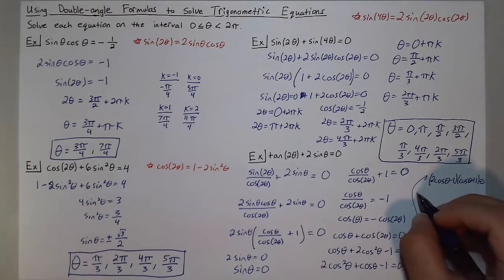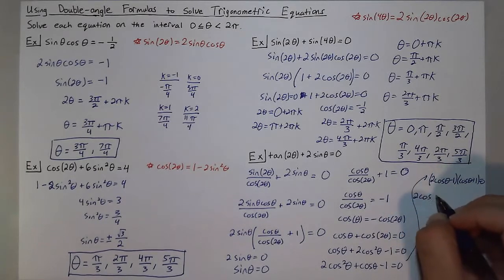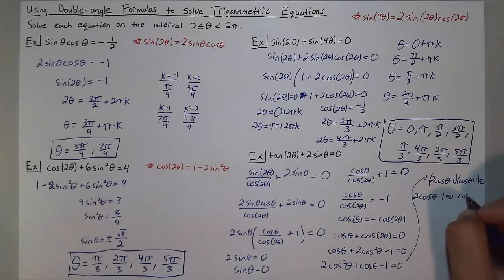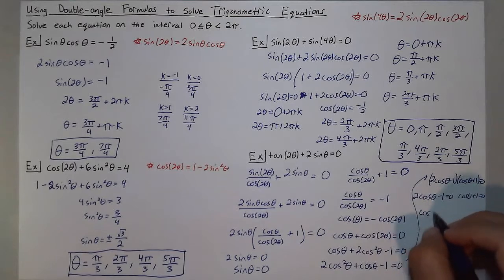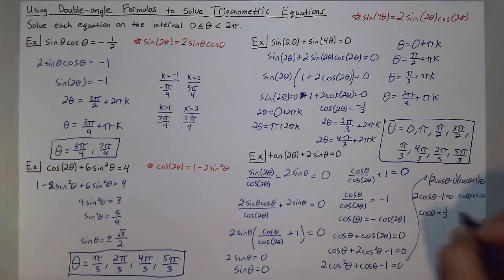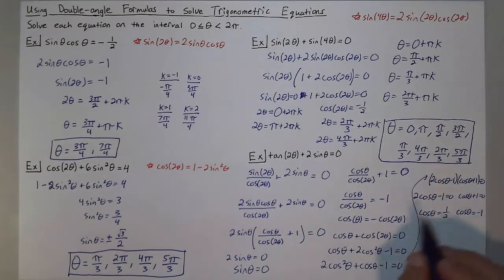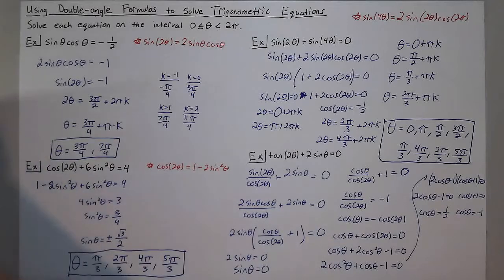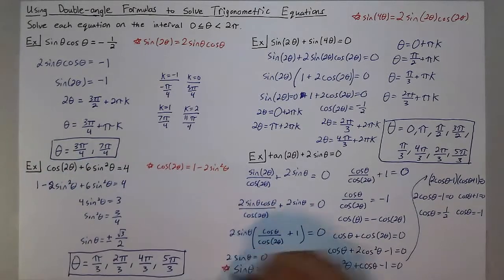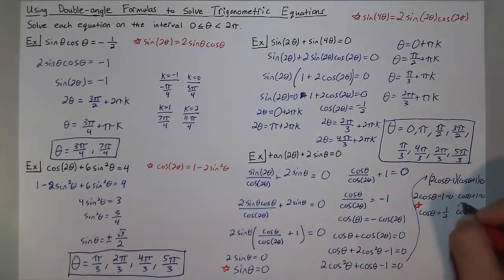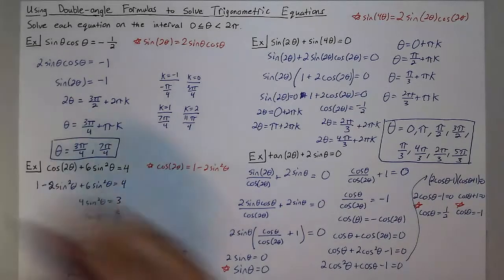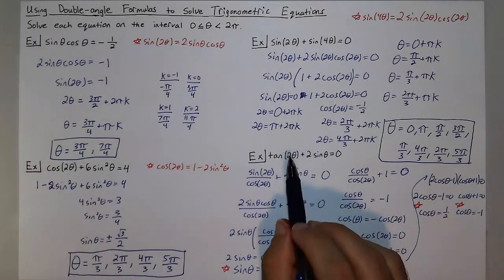So I can set 2 cosine of theta minus 1 equal to 0 and cosine of theta plus 1 equal to 0, giving me cosine of theta is equal to 1/2 and cosine of theta is equal to -1. So now I have these 3 equations, which I'll star with red stars so you can see where they all are, that can give me all the solutions I need for this equation.